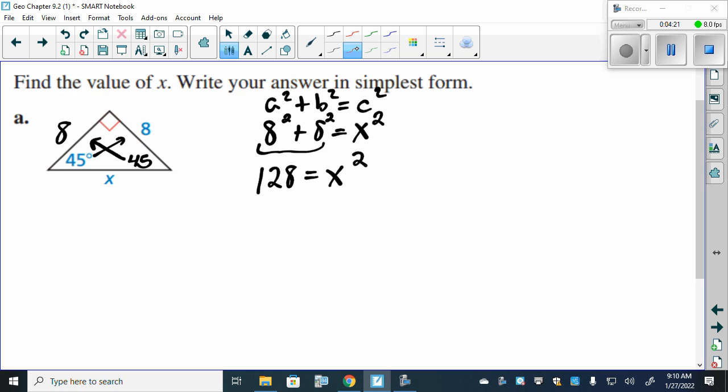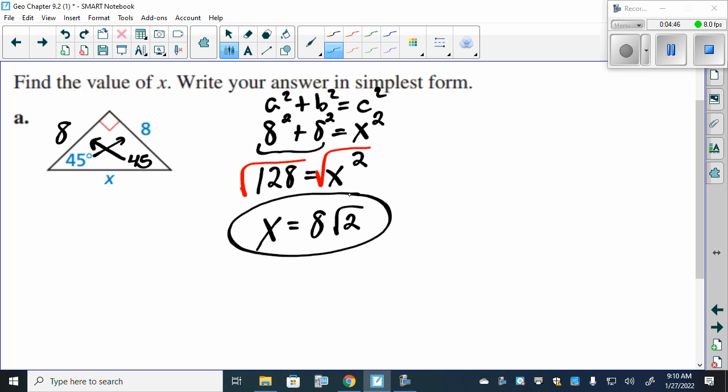At this point, we need to square root both sides. The square root of x squared is x, and we need to figure out what the square root of 128 is. So the hypotenuse for this is 8 square root of 2.